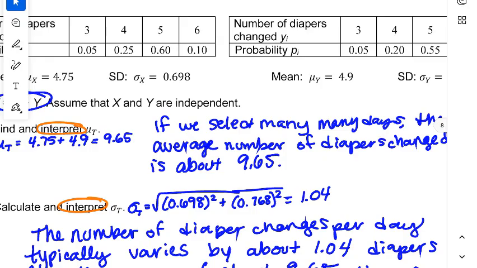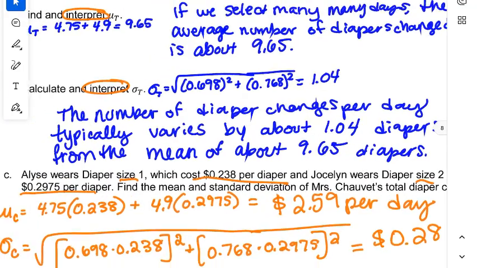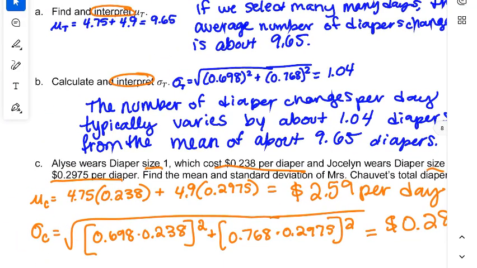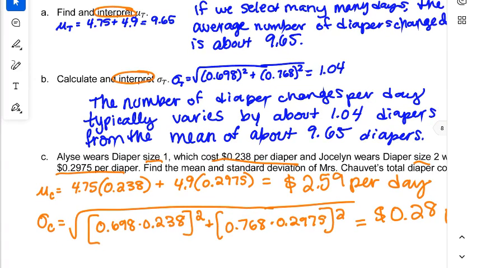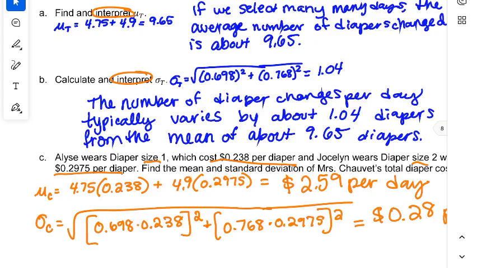And see, you can do it many ways. This is how I did the mean. You can do each separately and then add them together, or you can do it like I did, where I multiplied the mean times the price of each one and added them in the same equation to get 259 per day, which doesn't seem like a lot, but think about it over the course of a month or a year.